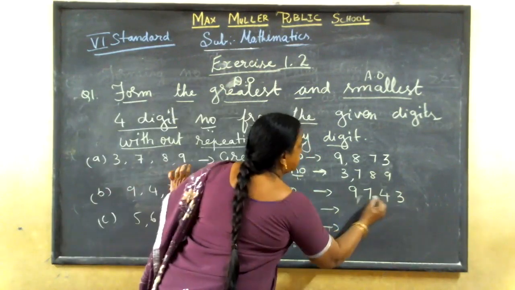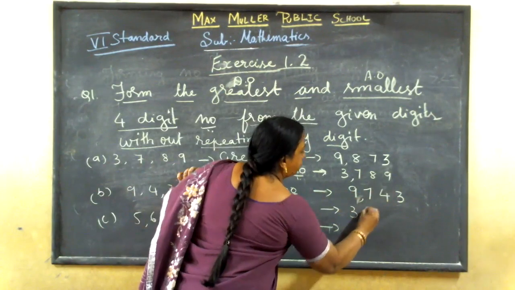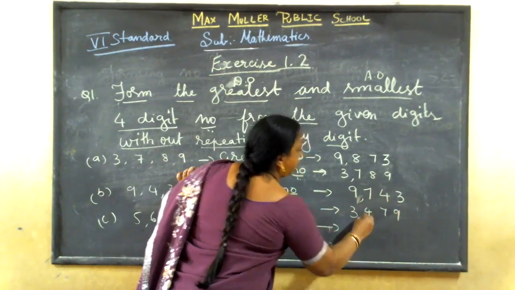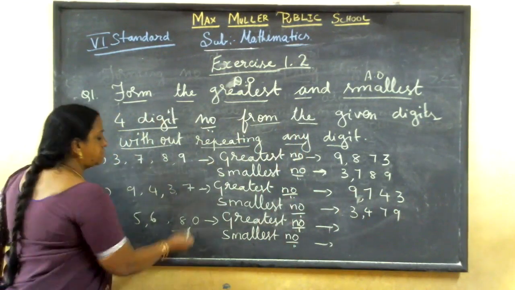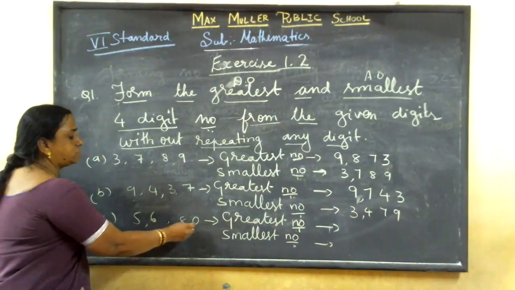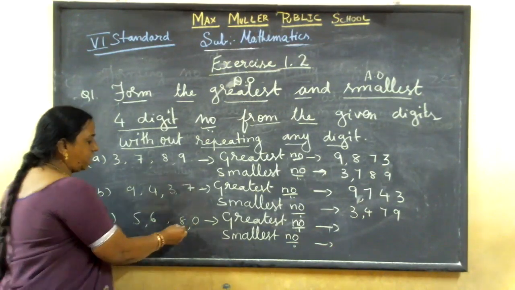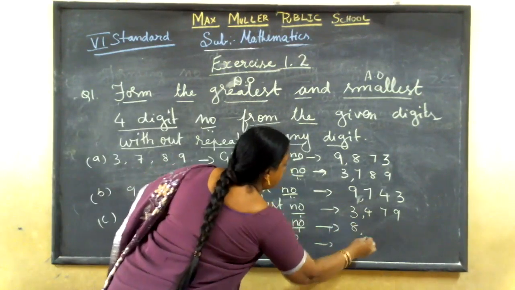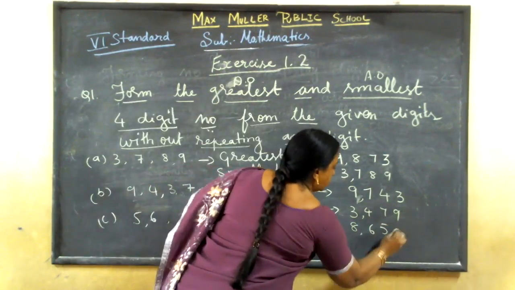So ones, tens, hundreds, thousands. So the smallest number: 3, 4, 7, 9. Got it? Now in this question, see here 0 comes. Listen carefully. 5, 6, 8, 0. So for the greatest number, biggest to smallest: 8, then 6, 5, 0. Okay, got it.